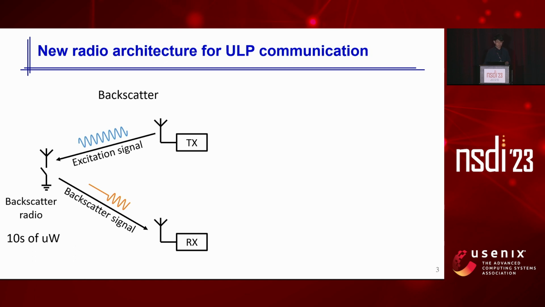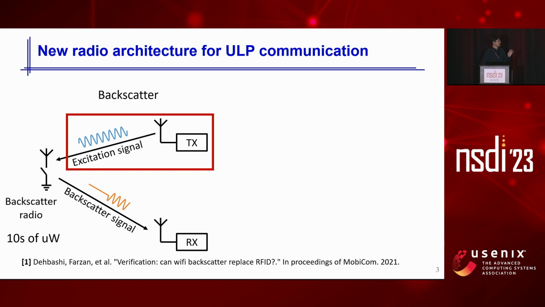But backscatter design relies on a helper device, which introduces a series of problems, such as needing an additional custom device, unstable links, in-band or out-of-band interference, etc. Please refer to this verification paper for more details about these problems.